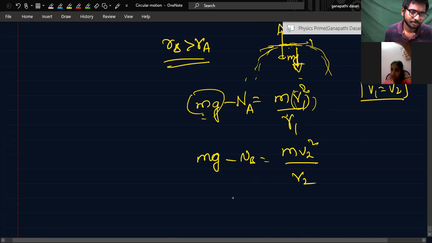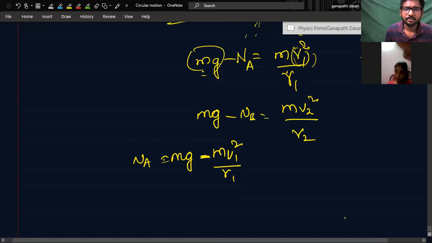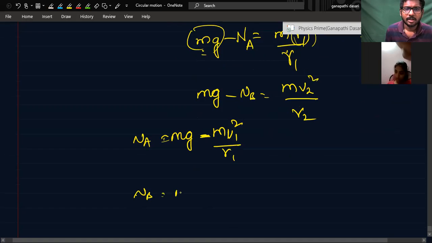So now Na is equal to mg minus mv1 square by r1, since v1 square and v2 square are equal. Nb is equal to mg minus mv2 square by r2. v1 and v2 here are equal.